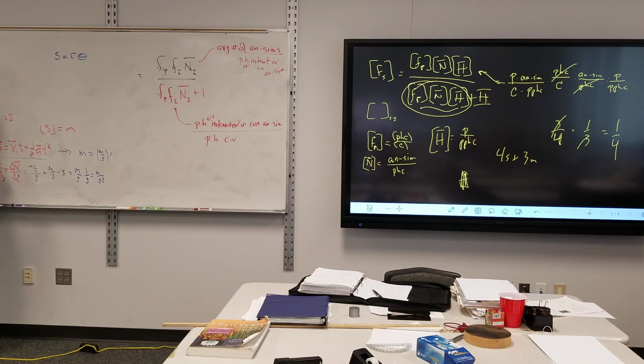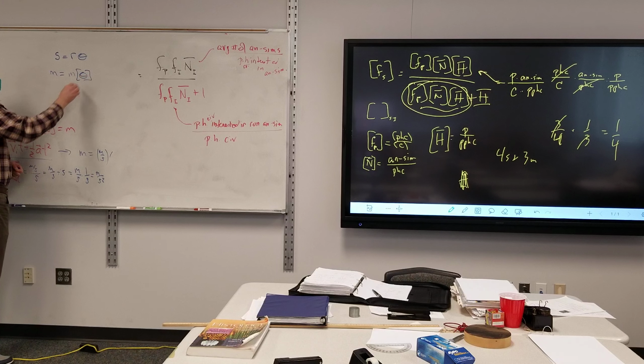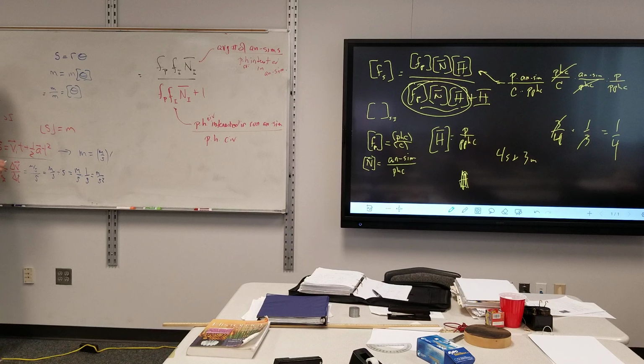Yeah, all right. So if this is arc length, it's a length, so units of meters. Radius, that's a distance, it's meters, times whatever the units of theta are. So the units of theta would be meters over meters, otherwise known as one.